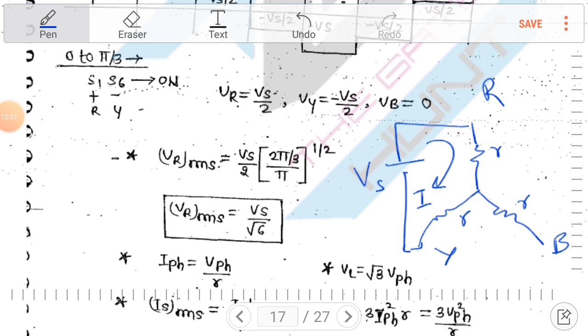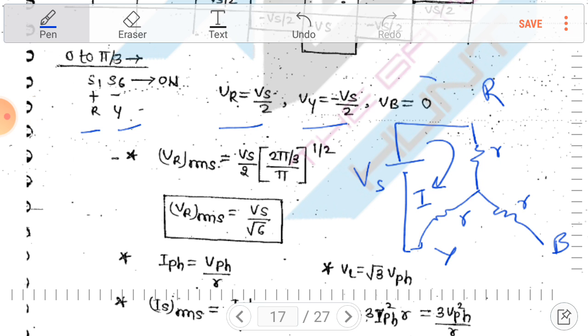So between 0 to pi by 3 only two switches are connected, S1 and S6. Due to S1 positive voltage is connected to R phase, and due to S6 negative voltage is connected to Y phase. So we get the circuit like this, and by using mesh analysis we can get the voltages VR and Vy as Vs by 2 and minus Vs by 2.